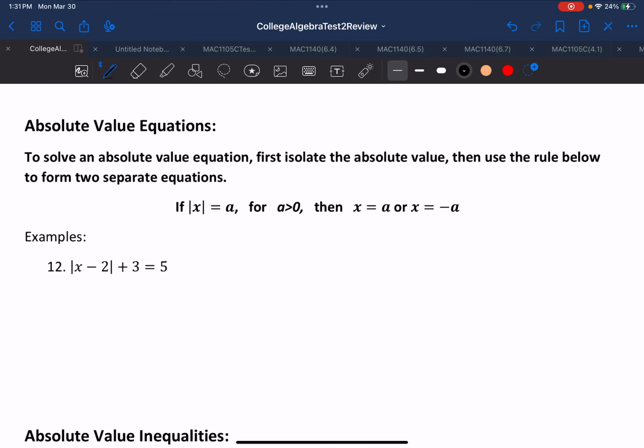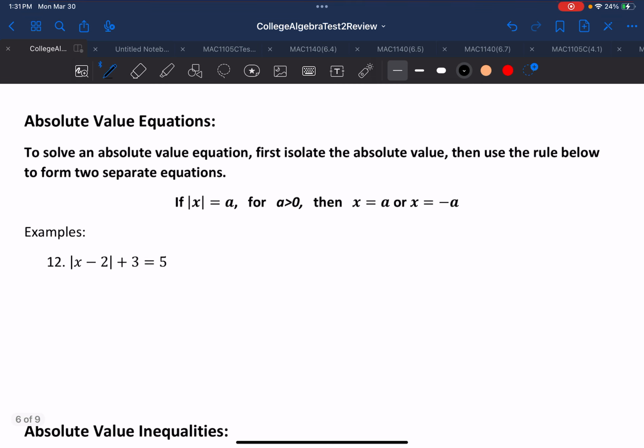Okay. And then the other type of equations that we learned how to solve was absolute value equations. And so to solve an absolute value equation, the first thing we do is isolate the absolute value and get it by itself.